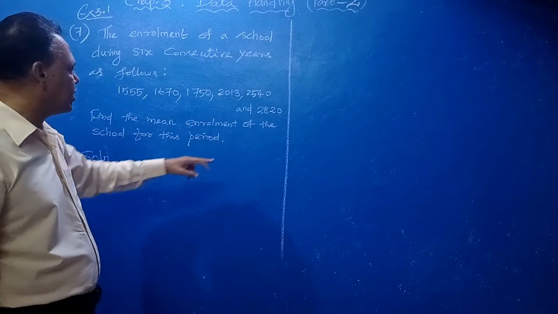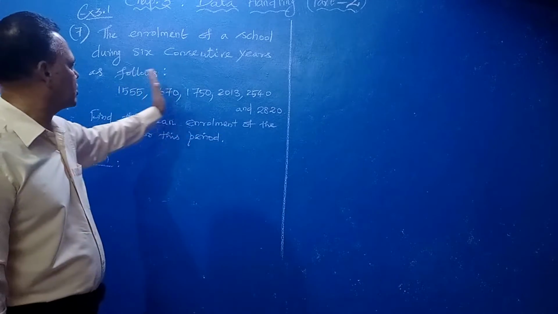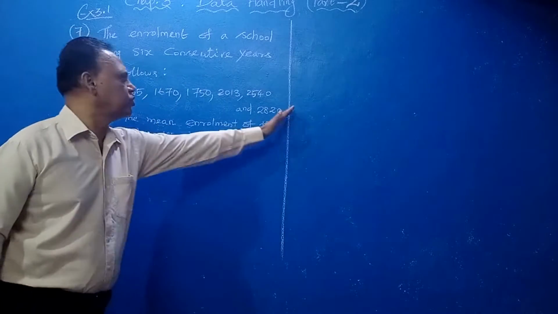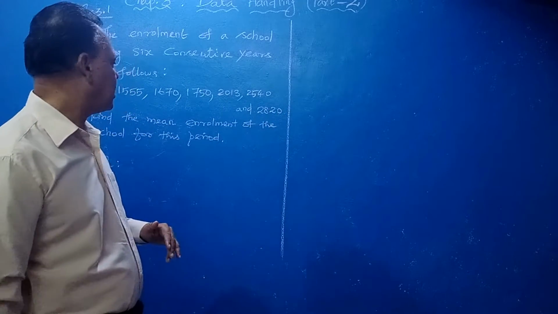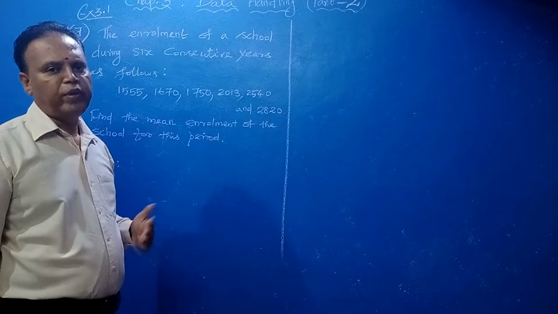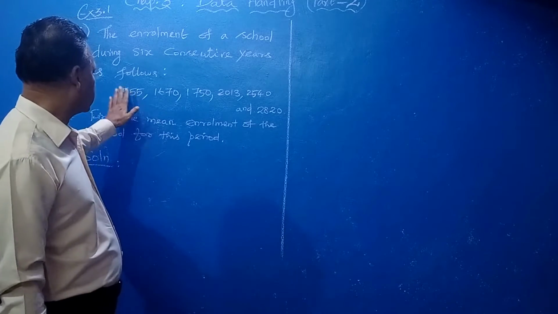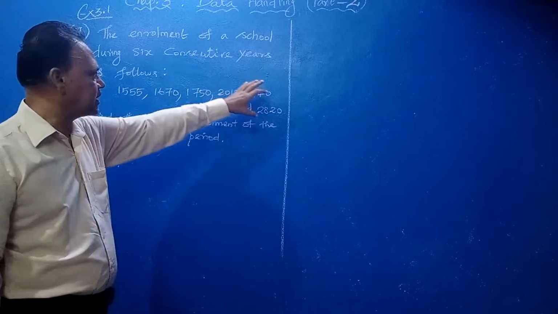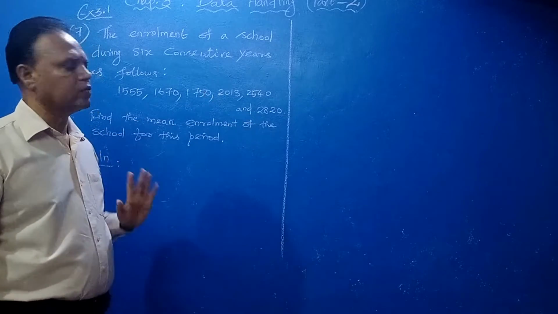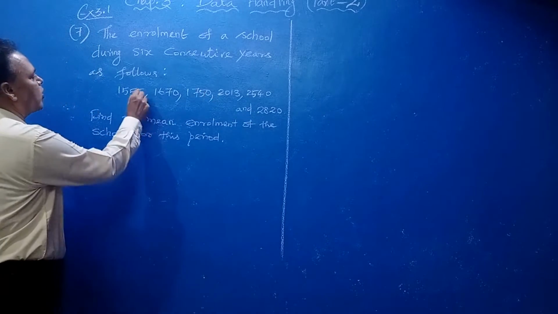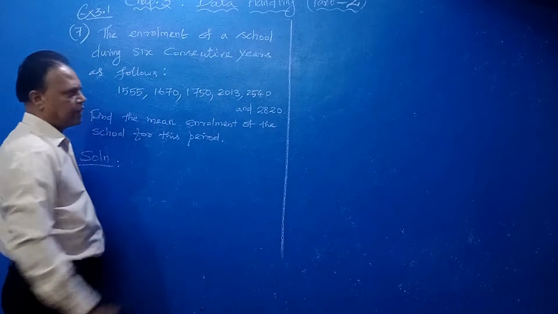Then find the mean enrollment of the school for this period. From this period to this period, what is the mean average? So mean means the sum of all observations divided by the total number of observations. How many are there? Count 1, 2, 3, 4, 5, 6, divided by 6.